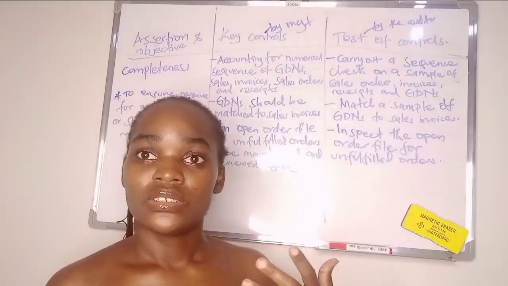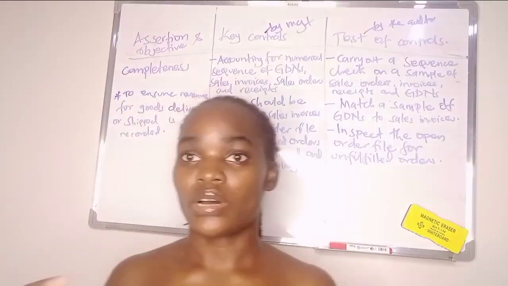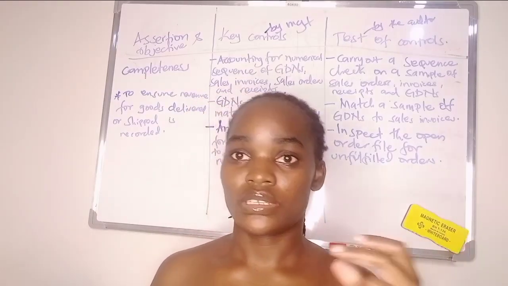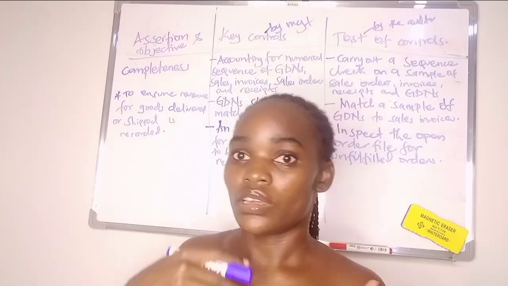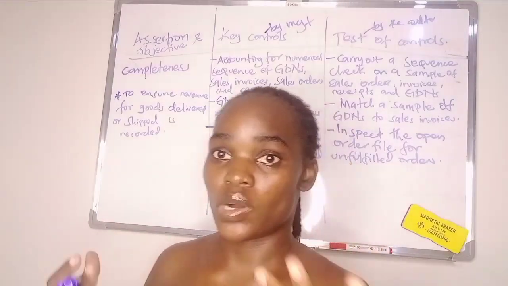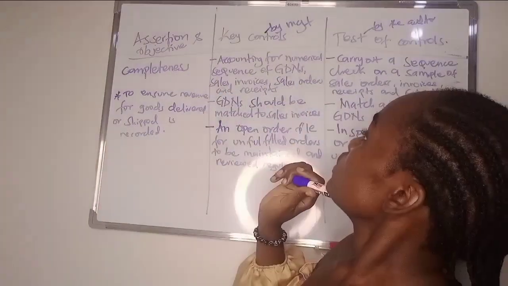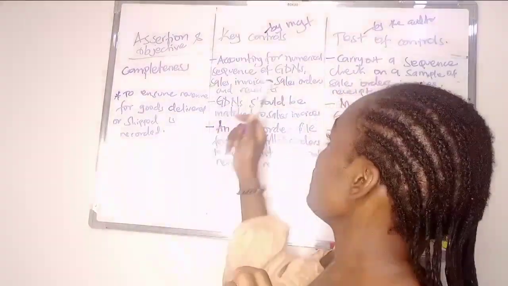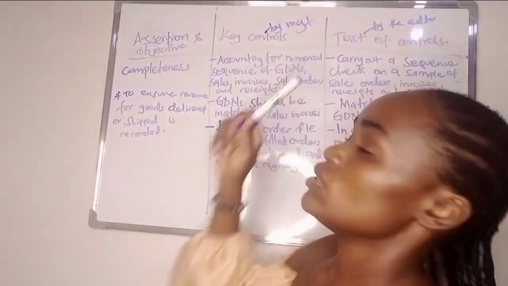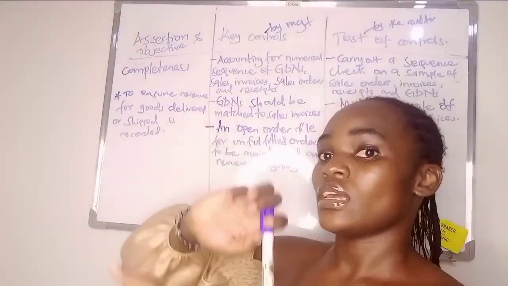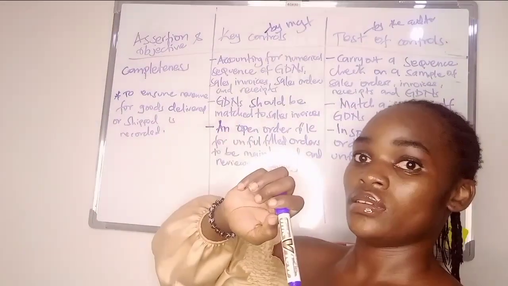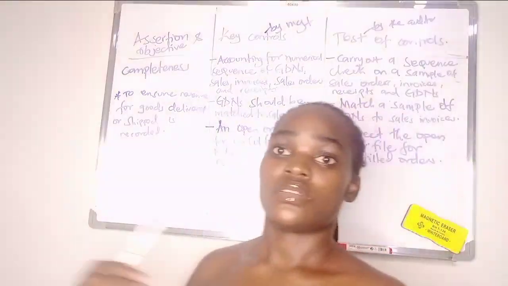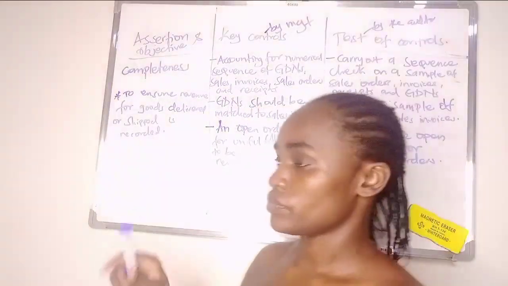In case you are looking for something, you can easily match the sales invoice to the sales receipt and everything. So if they are numbered, it will ease work. Every invoice will have a number, then every sales order will also have a number, every goods delivered note will have a number, so they can easily be matched to each other. So that will help you to ensure that revenue for all the sales that were made is recorded.